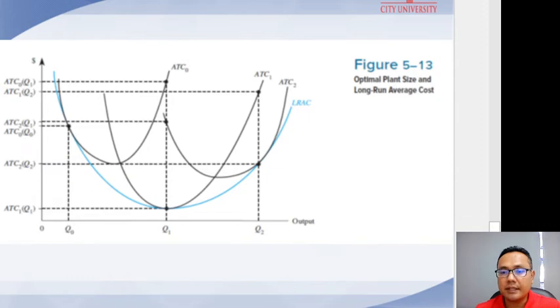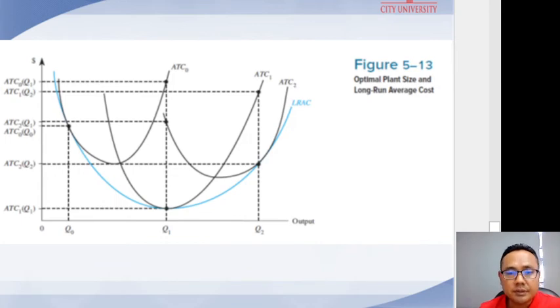So the long run average cost curve is the lower envelope of all the short run average cost curves. This means that the long run average cost curve lies below every point on the short run average cost curves, except that it equals each short run average cost curve at the points where the short run curve uses fixed factors optimally.